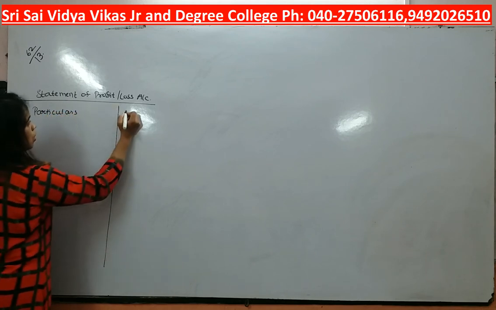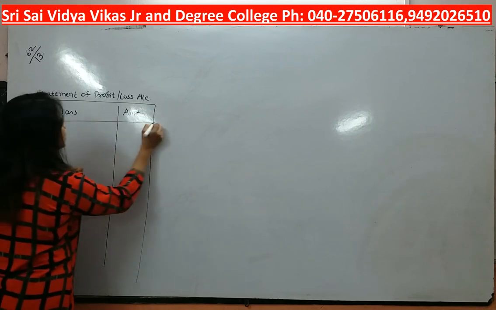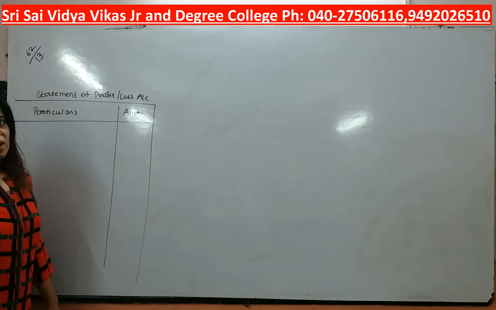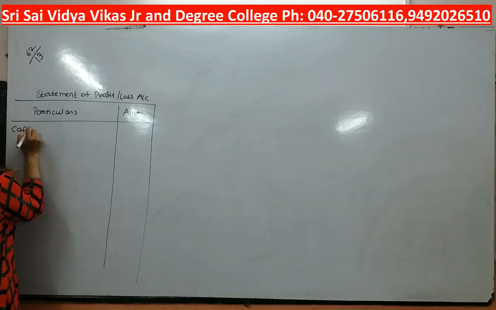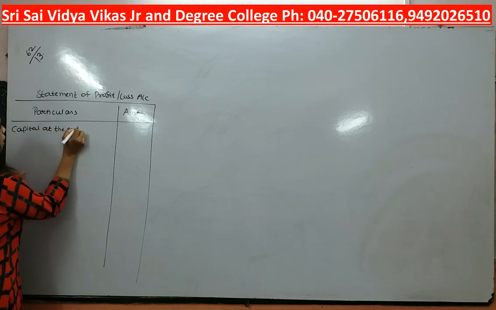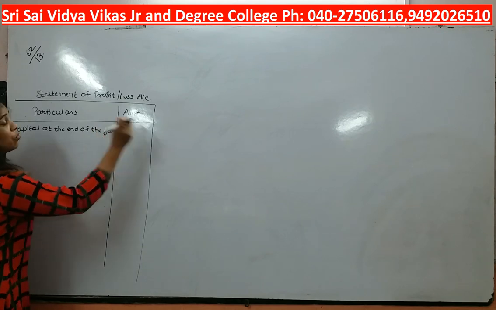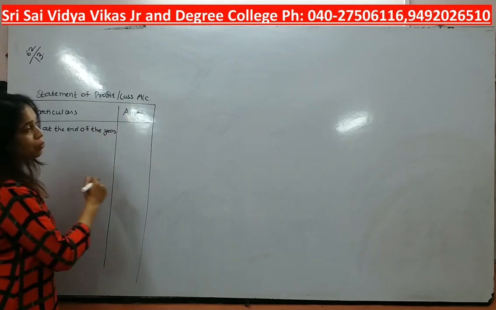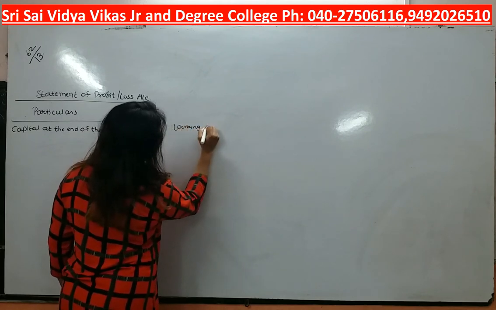Particulars and amount. Okay, what are they asking us to find out? They are asking us to find out capital at the end of the year. In formula, first we are going to write capital at the end of the year. This is what we need to find out. We don't know what is the amount of it. So here first I will prepare working note.